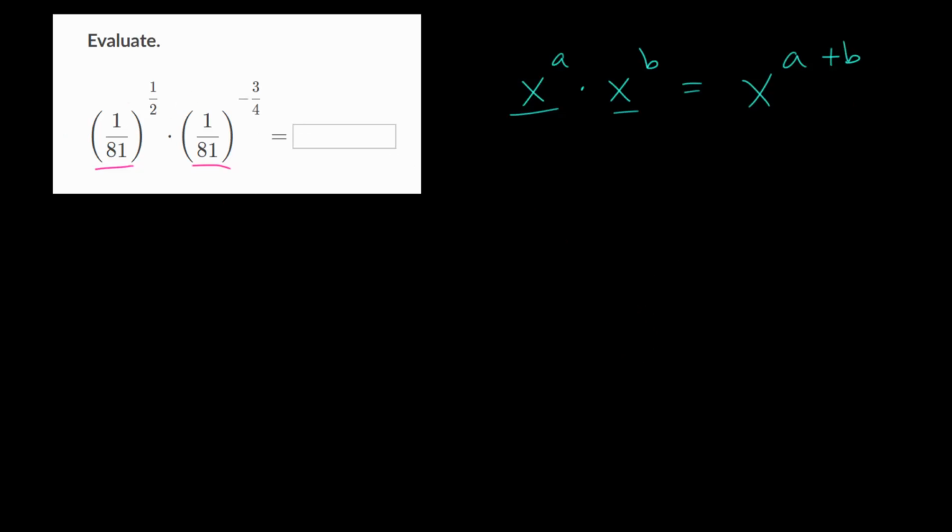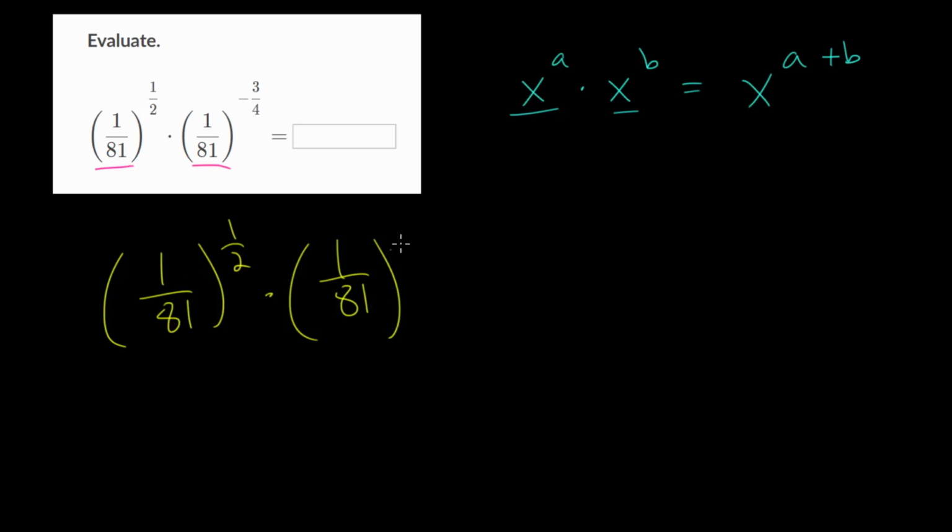So let's rewrite this. So we have 1 over 81 raised to the 1/2. And again, we're just noticing that the base is the same, so we will be able to add these exponents. So combining it into one expression, we have 1 over 81, and it will be to the 1/2 power plus minus 3/4.